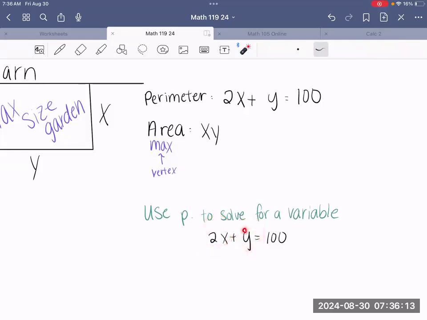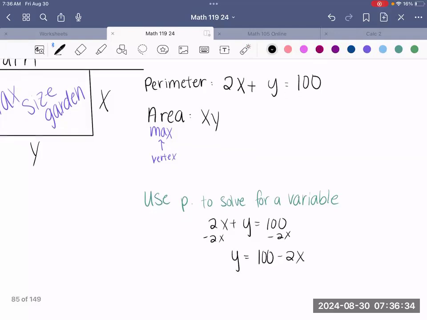It's easier to solve for y because it doesn't have a coefficient other than 1, so we don't have to make any fractions. We can solve for y by subtracting out 2x, so you have 100 minus 2x. That just means this y here is really equal to 100 minus 2x.